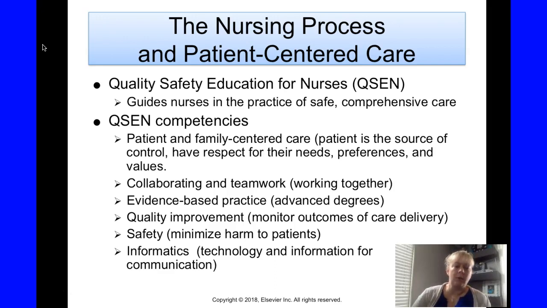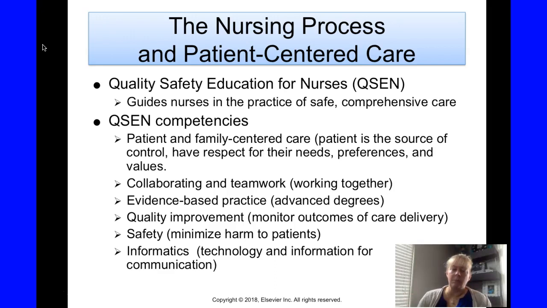Okay, so let's go over some of these. So first is patient and family-centered care. It seems very self-explanatory, but just remember the key word is making sure the patient has the source of control. If they are able to, let them be the source of control. Have respect for all of what they want, get to know them, and we talked about this a little bit in culture.